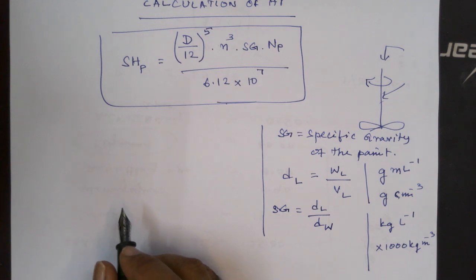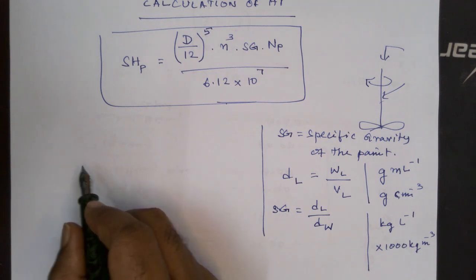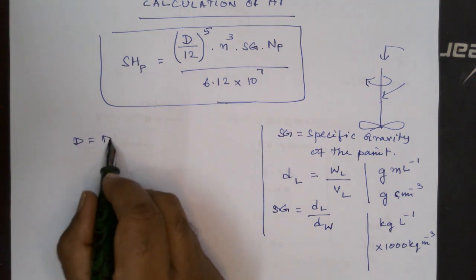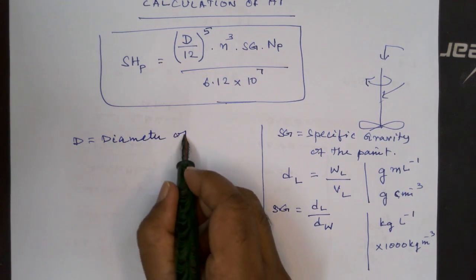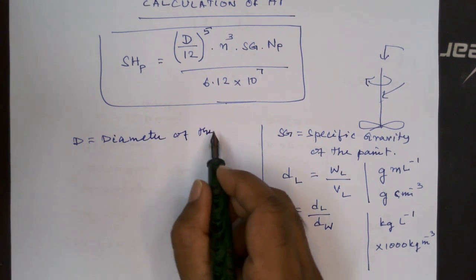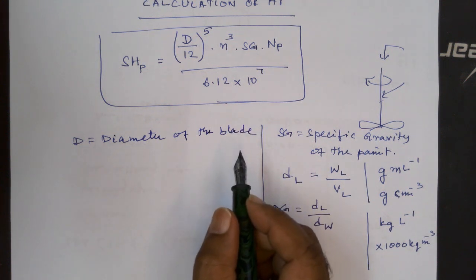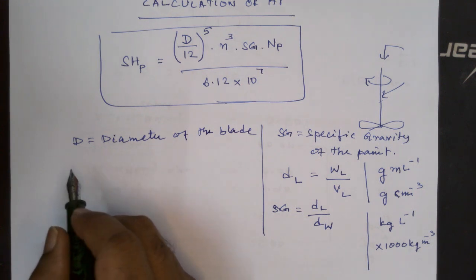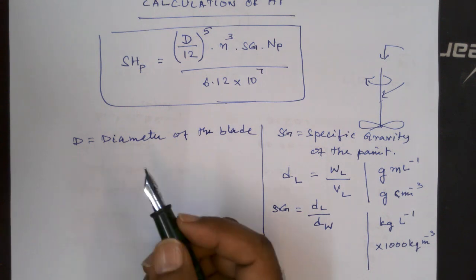And d represents the diameter of the blade, which is given in inches. Then, how many blades, 1 blade or 2 blades, etc.? That is the number of blades.